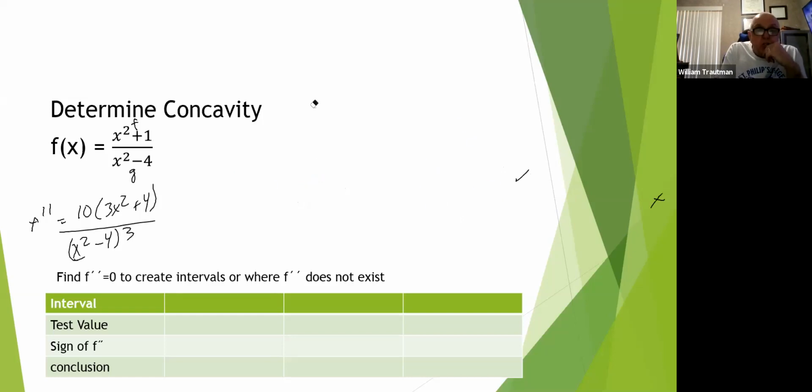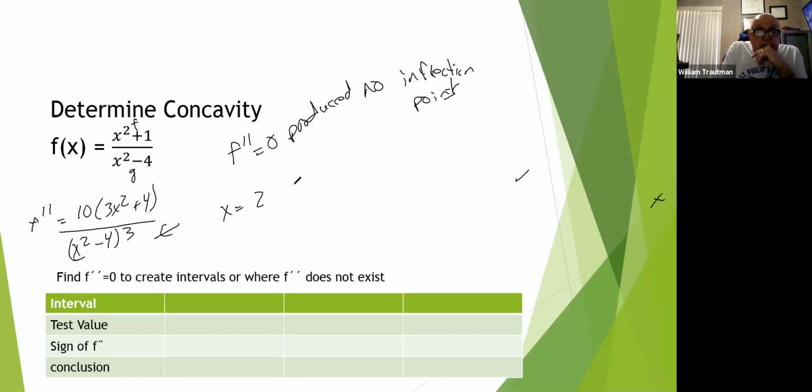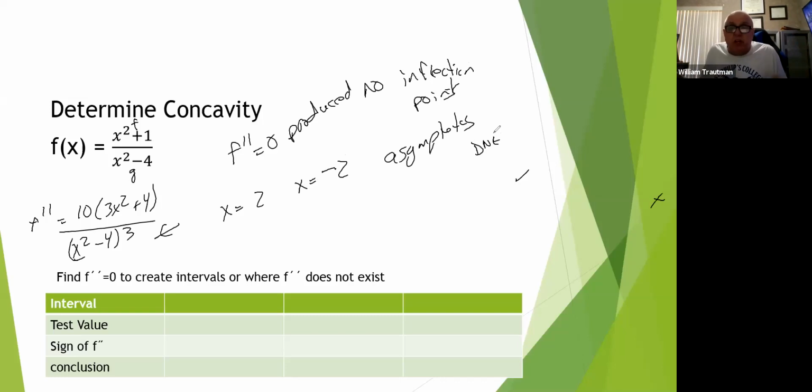So I just want to show you f double prime equals 0 produced no inflection points. However, at the bottom, x equals 2 and x equals -2 are asymptotes. And that's where it does not exist. There's a part of the graph that you can't take the derivative of.